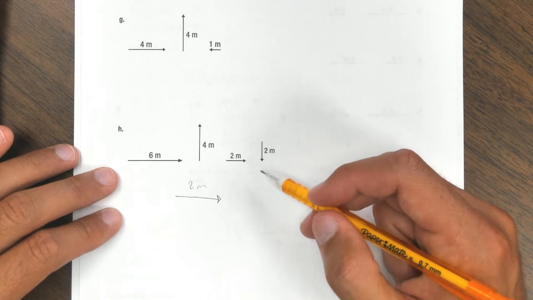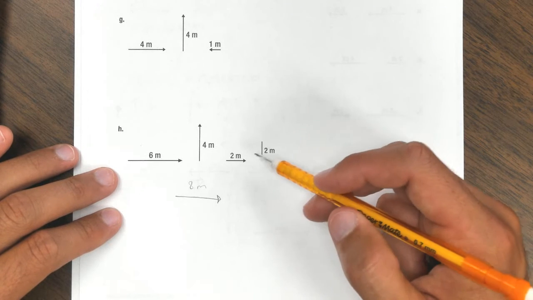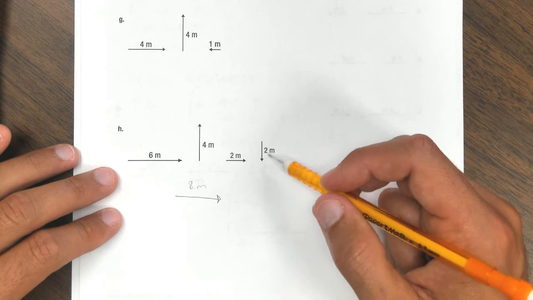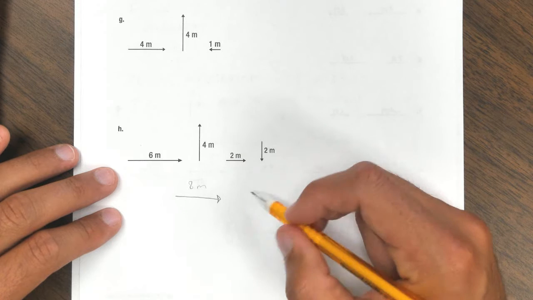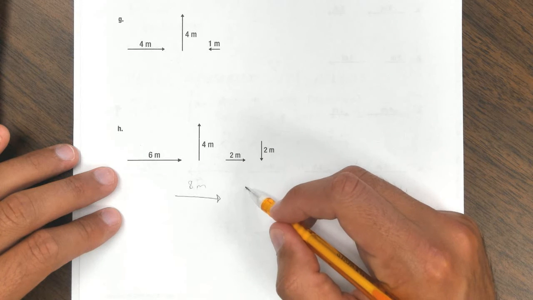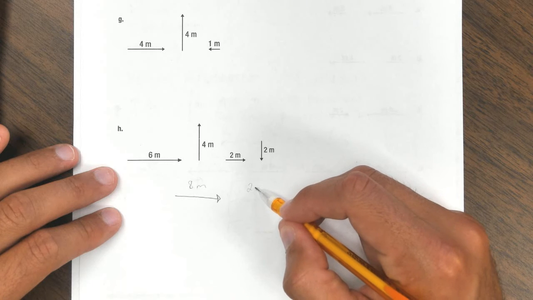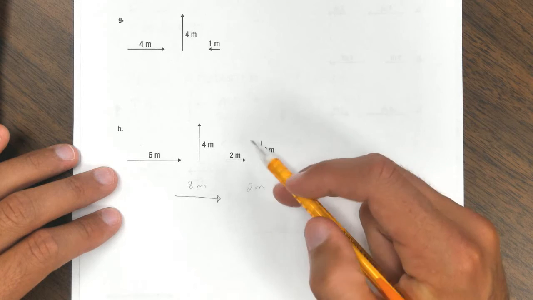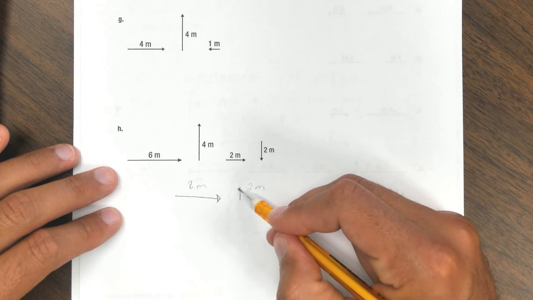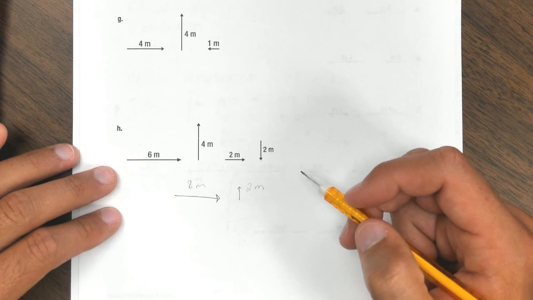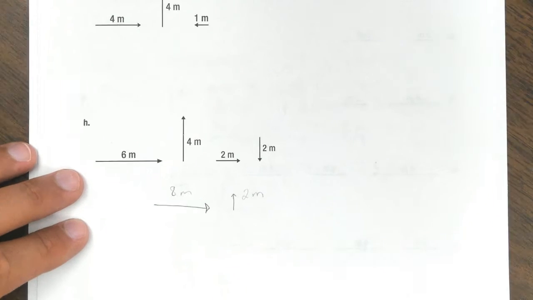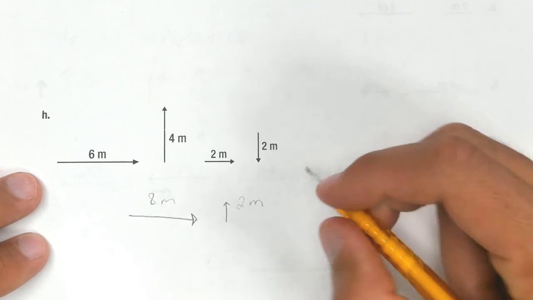Okay, now I got 4 up. Nothing else is going up, so I can't add it, but I have something going down. Opposites, we subtract. So 4 up and 2 down, when I subtract them, that's going to give me 2, but in what direction? Well, 4 is going up, and it's a larger number than this one, so it's going to be going up. I can't add or subtract these because they're not in the same direction and not opposite directions.